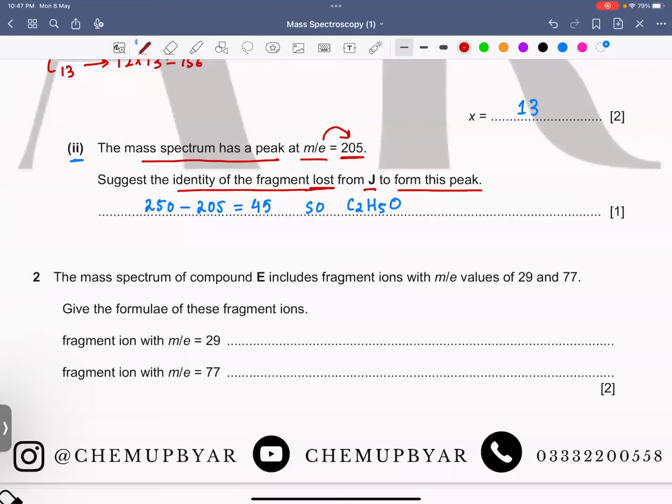Okay. Now question number 2. Yeah, it can be if its mass is equal to 45. Let me check. COOH, what would be its mass? 12 plus 2 oxygens, 32, and 1.